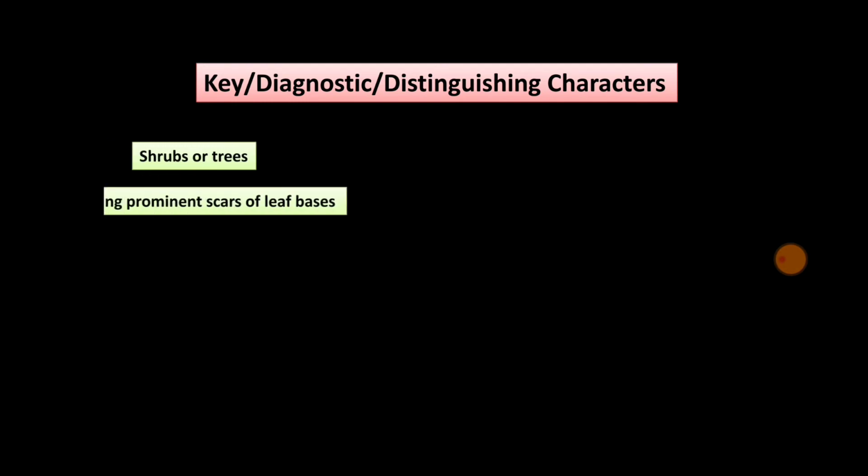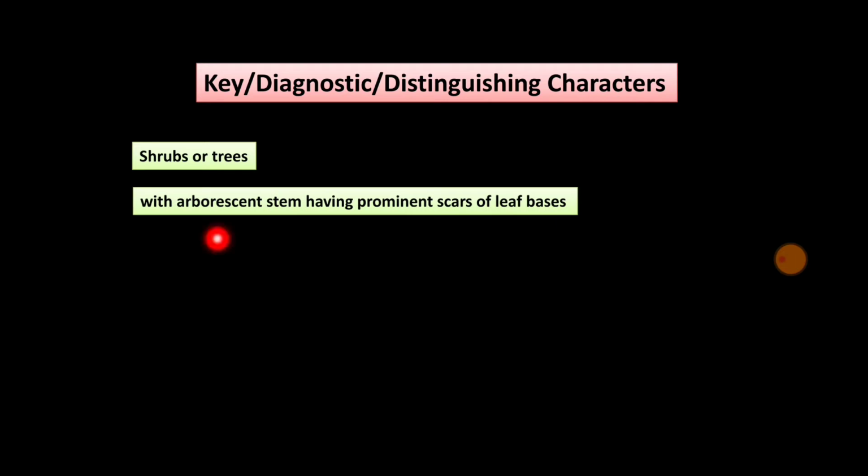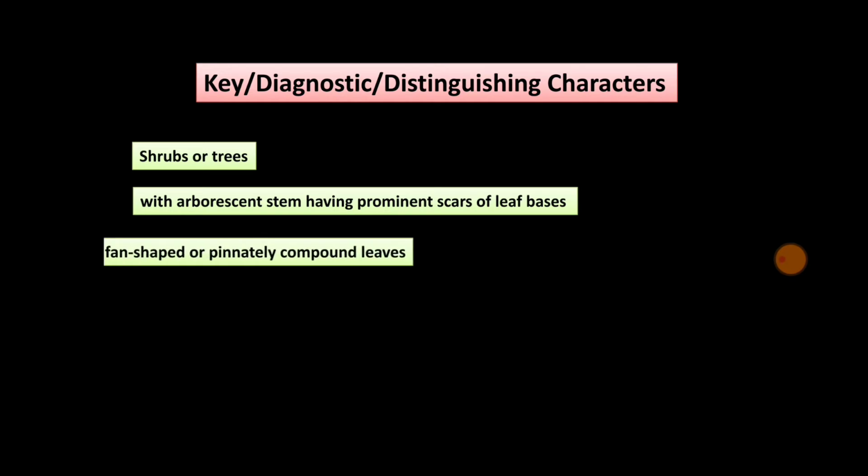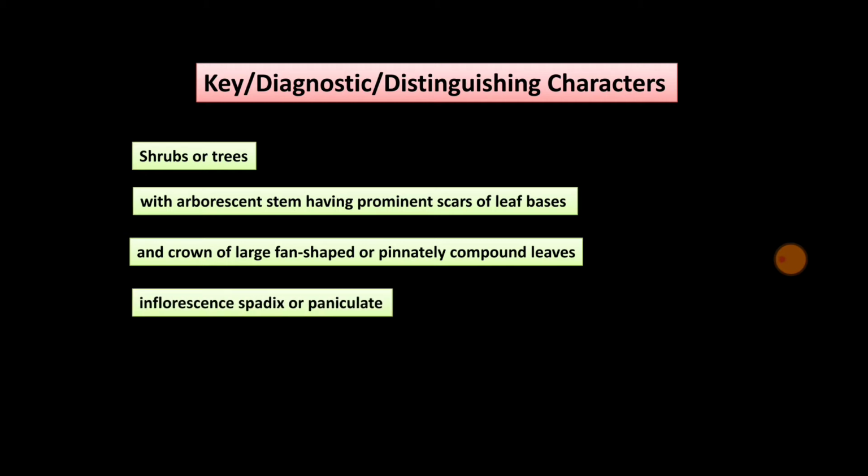Let us study key characters of Araceae. The key characters are also called as diagnostic characters or distinguishing characters. Shrubs or trees with arborescent stem having prominent scars of leaf bases and crown of large fan shaped or pinnately compound leaves. Inflorescence spadix or paniculate, often with spathes.